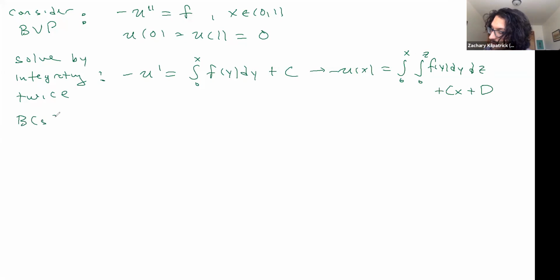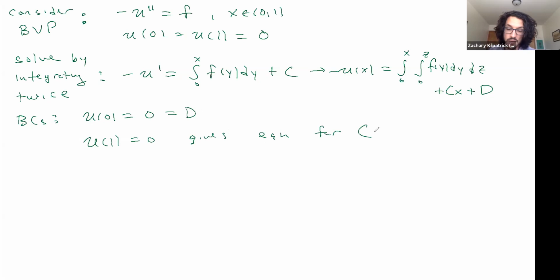If I apply my boundary conditions now, I have u(0) equal to 0. And so that means that 0 is equal to d, so I get d equals 0. u(1) now is equal to 0. This gives an equation for c.